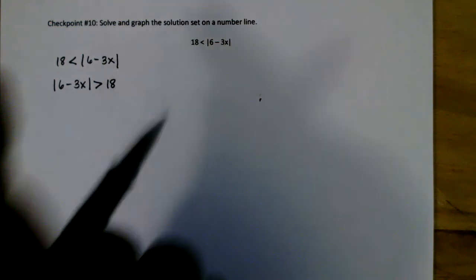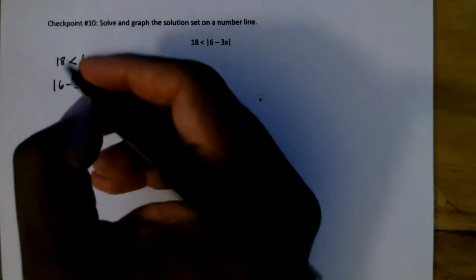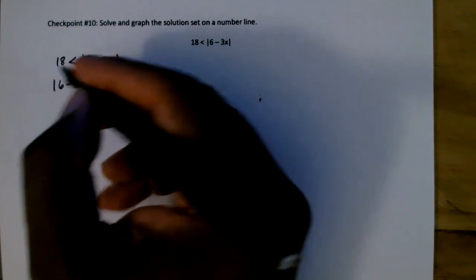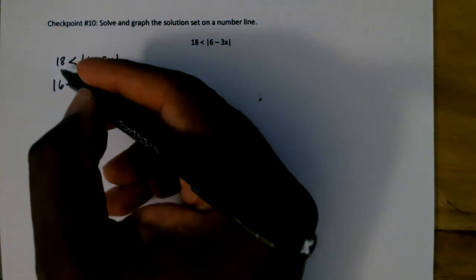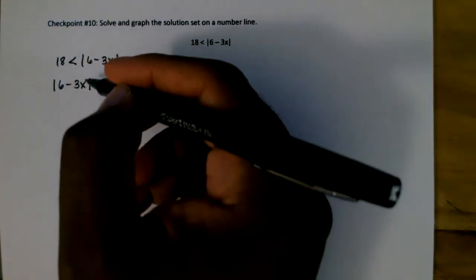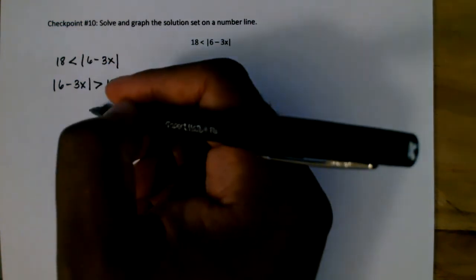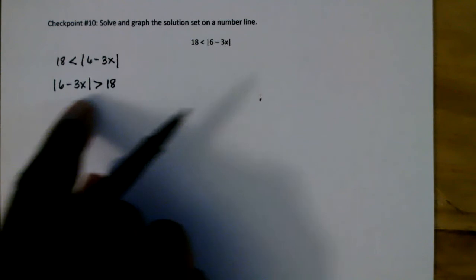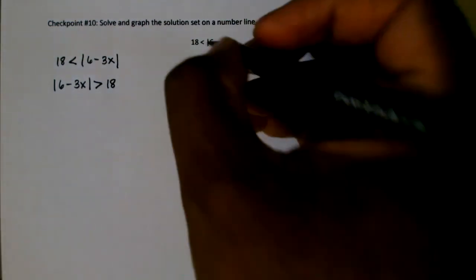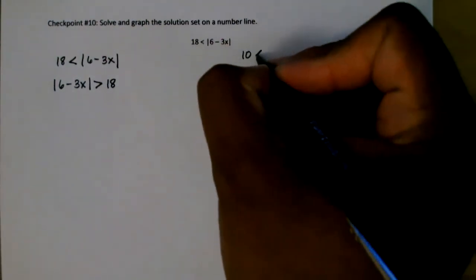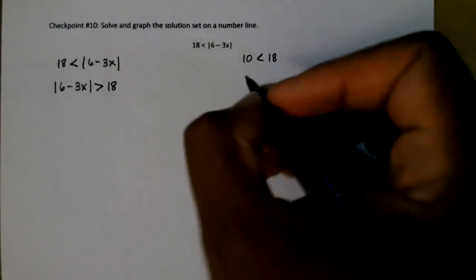These two are equivalent because notice this inequality symbol points at 18, and if I switch it around, I want that symbol to continue to point at 18. Or think of this: it's true that 10 is less than 18.